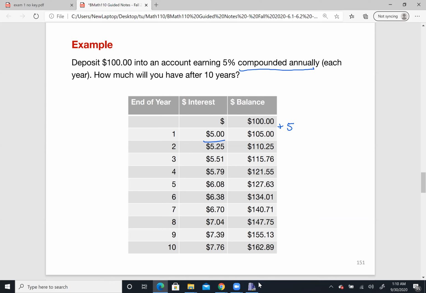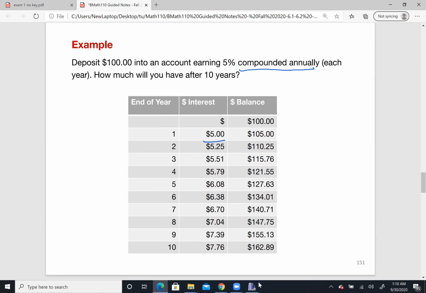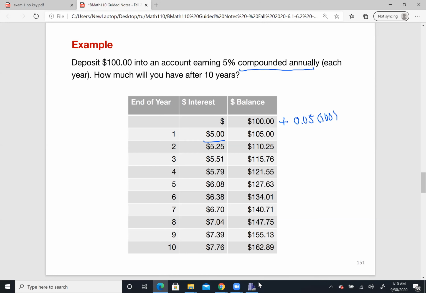And then at the second year, I'll take 5% of 105. Actually, maybe I'm going to do it like this. For 100 here, I add 0.05, which is 5%, multiplied with 100. That gives me the 105.